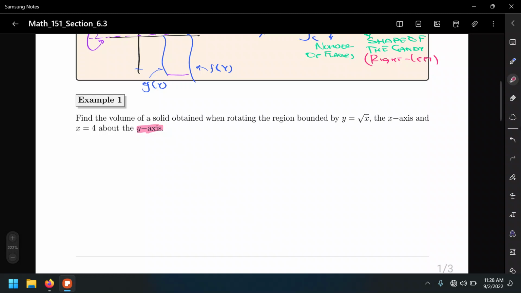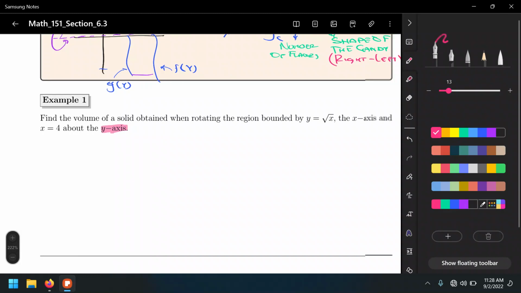And as a note, functions of x, not functions of y as we did in the disc washer method.